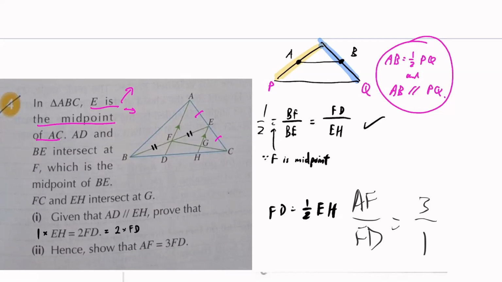Okay. We haven't made use of which point? F. Point F is used already. F is the midpoint, we conclude it's a half. Oh, I mean G. Okay, what are you going to do with G? I don't know.